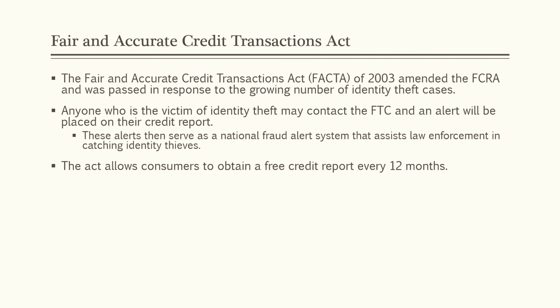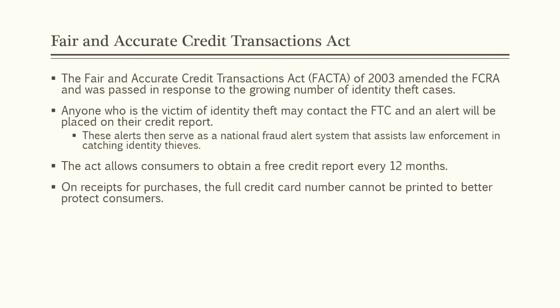The Act allows consumers to obtain a free credit report every 12 months. The three major credit reporting agencies are Experian, Equifax, and TransUnion. To obtain a free credit report, consumers can go to annualcreditreport.com, which is the official website to obtain a free credit report under the Act.